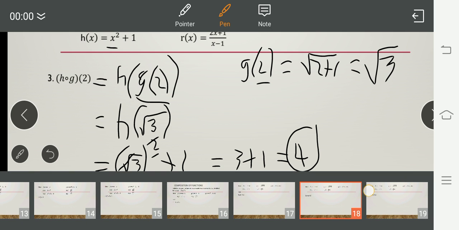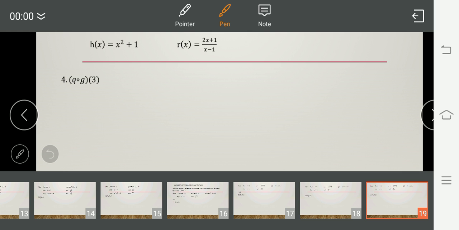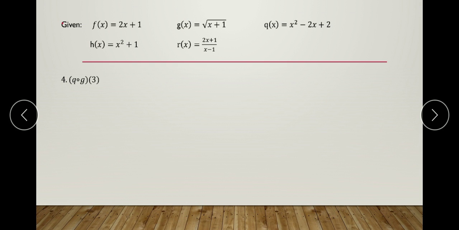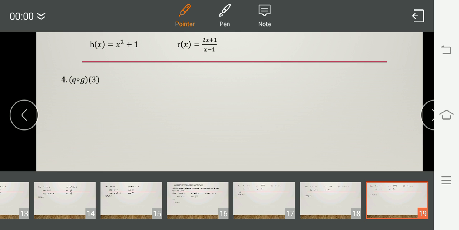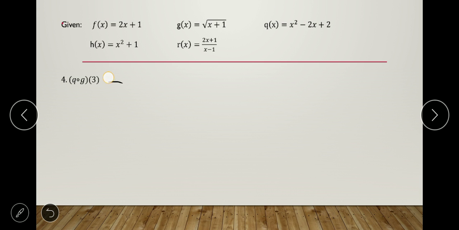Let's proceed to our next example. The same thing. We have here 3 as our argument. Now let's find the corresponding formula. We have Q of g of 3. But what is g of 3? Substitute here. So this is now g of 3.